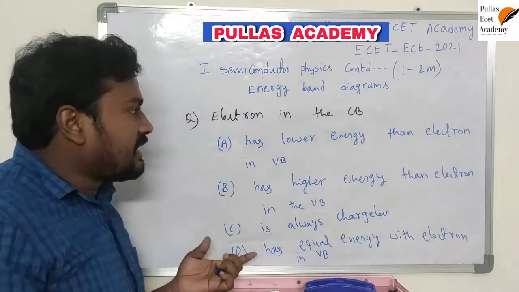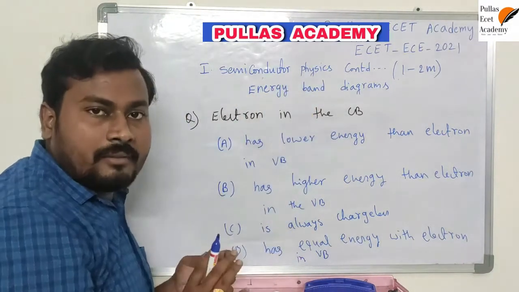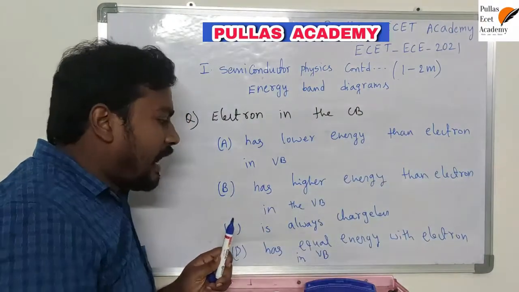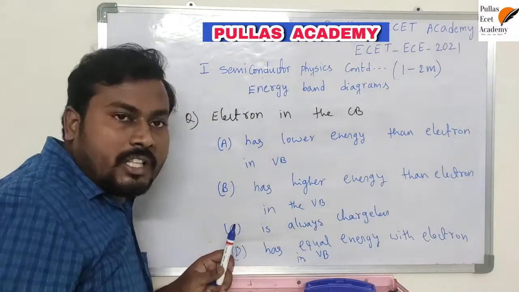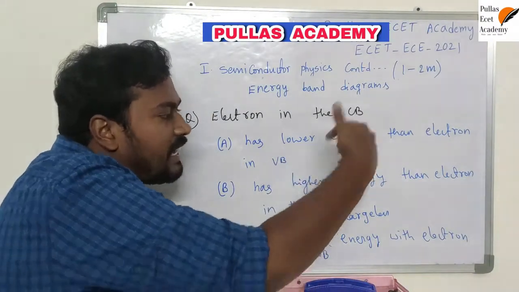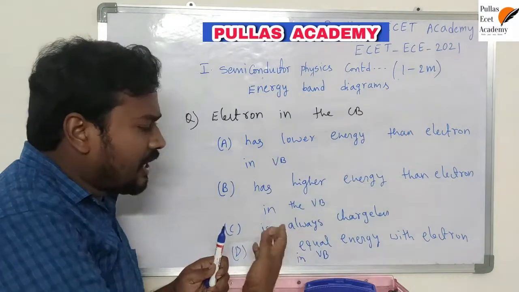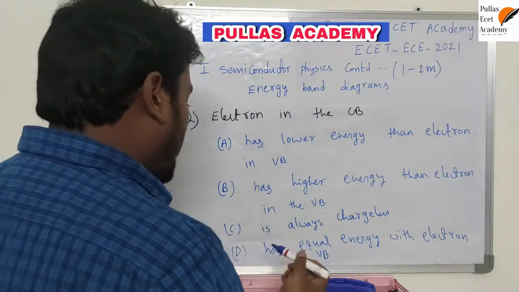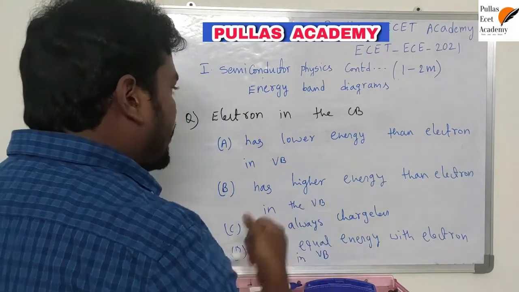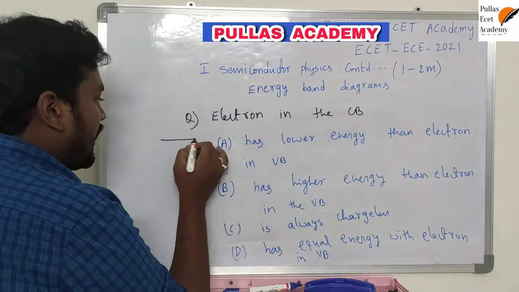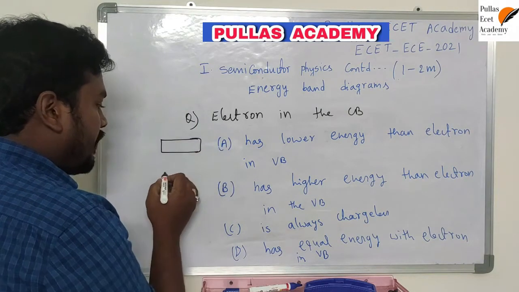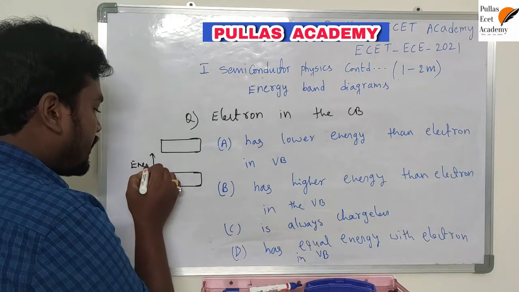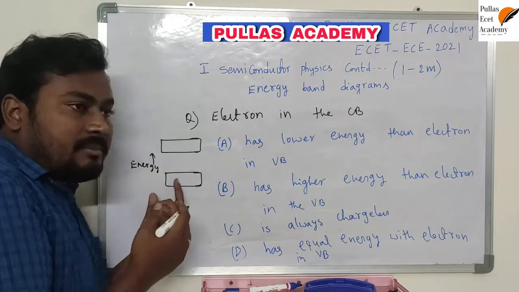So he is asking whether the electron in the conduction band has lower energy than the electron in the valency band, or equal energy, or higher energy, or is always chargeless. If you understand the concept, you can answer this question. So I am representing conduction band here and valency band here, and this y-axis I am referring to as energy. Now what does it mean?